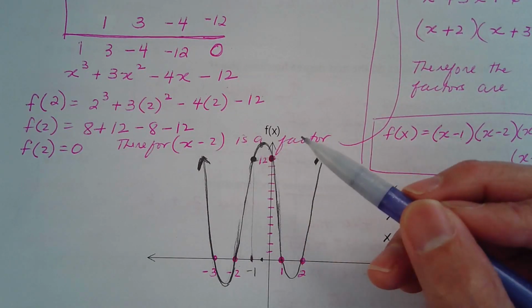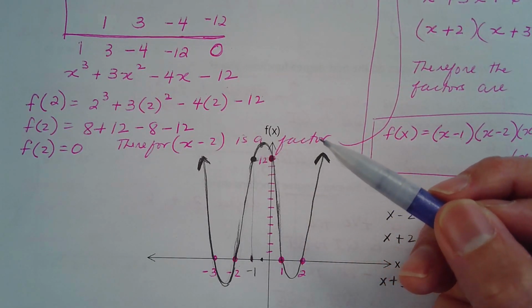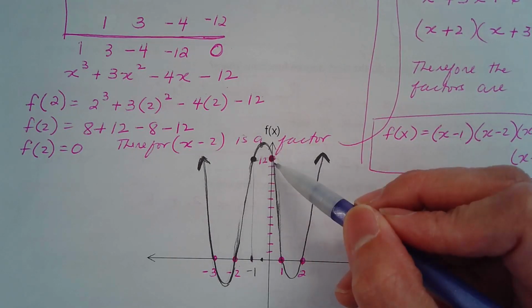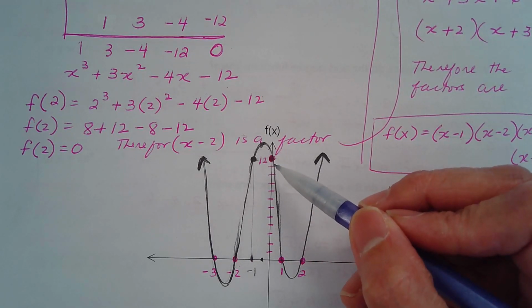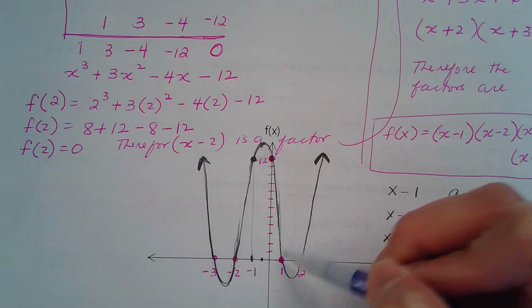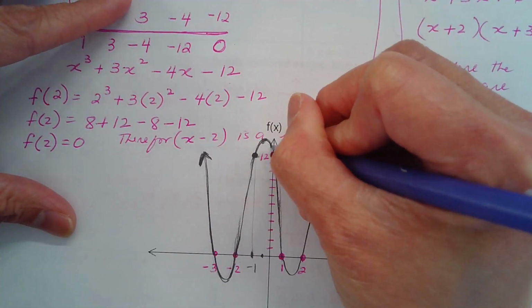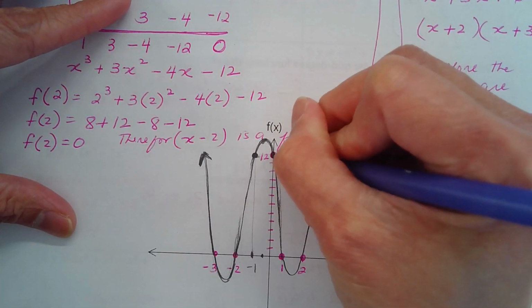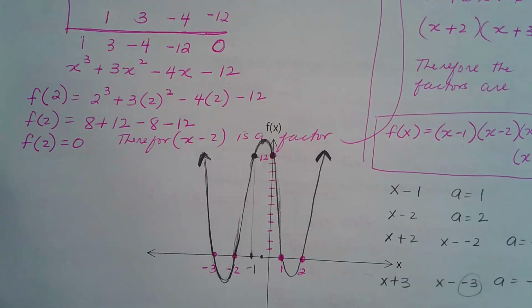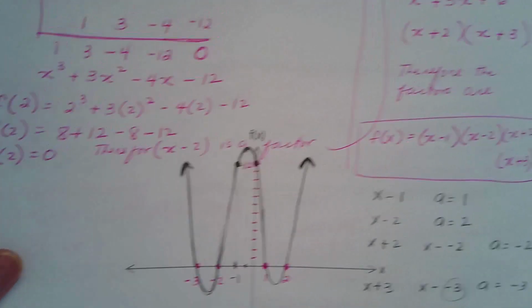When I come back down, I should be at exactly 12, right? When I fall down, the graph has to fall to 12. Yeah. Very nice questions.